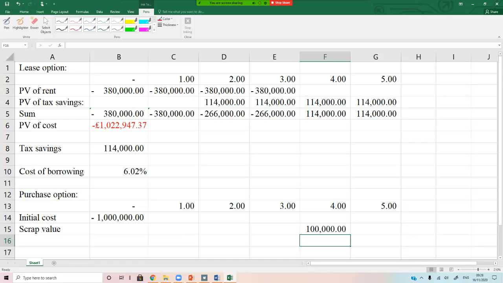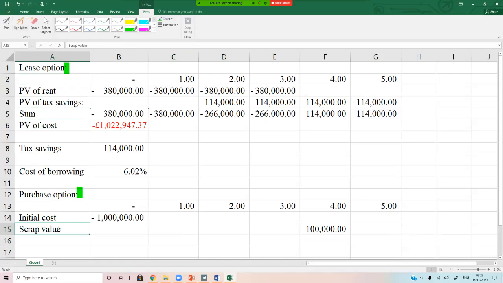This is the lease option and this is the purchase option, so they should not repeat themselves. There was no initial cost in the lease option, and no scrap value there, but it's here now.